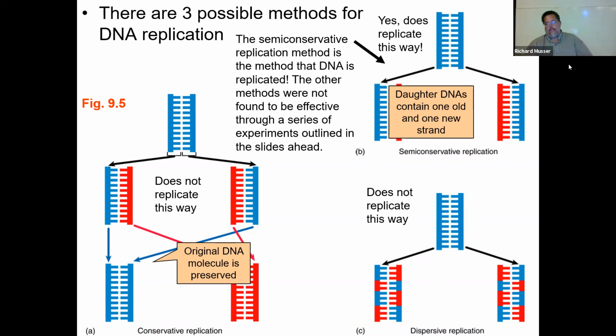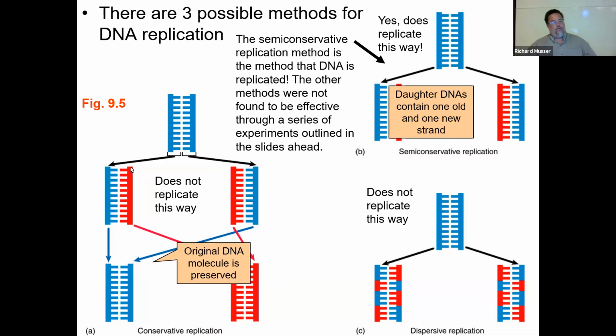So looking at this slide, there were all sorts of thoughts about it. Would the original DNA unzip itself and make two strands and then make a brand new, pure new strand? Because remember, follow the colors. Here we've got blue.